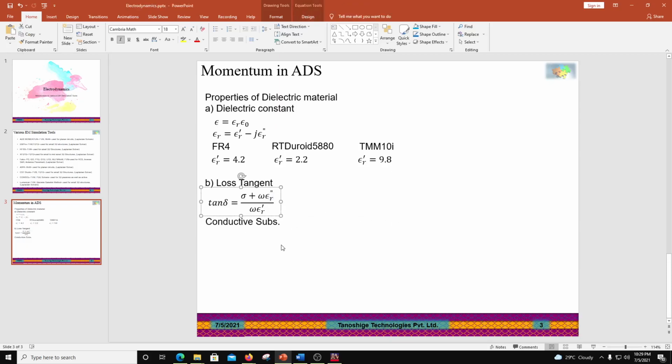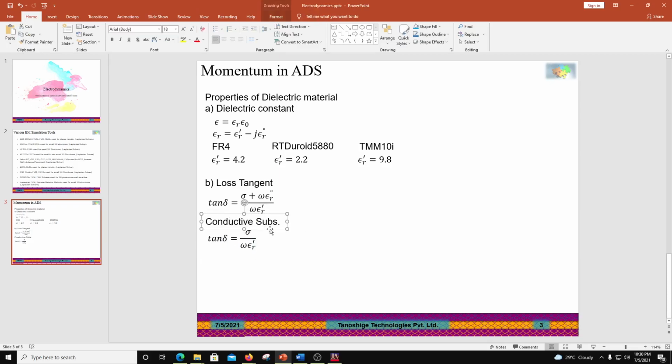So in that case, the loss tangent would be given by this. So I can delete this portion. So this will be your loss tangent. Okay, so usually conductive substrates in ADS are specified as epsilon r dash and sigma. So you do not go to specify the loss tangent.